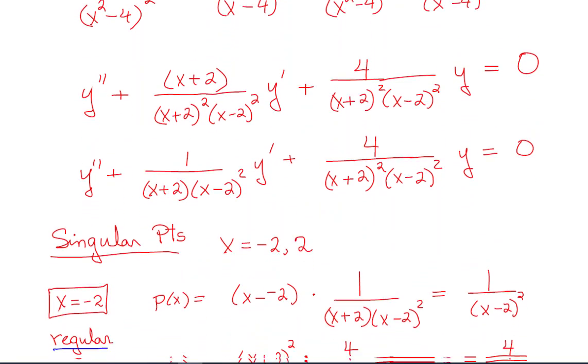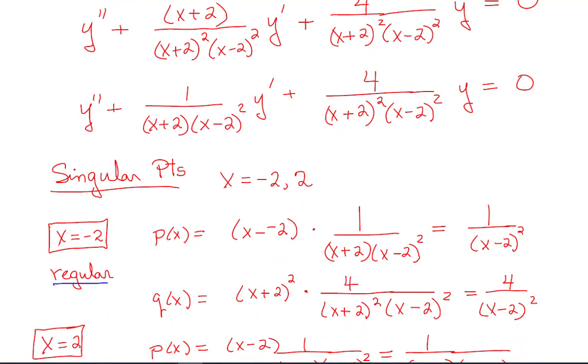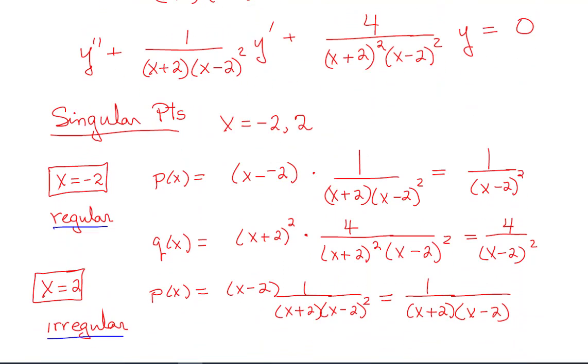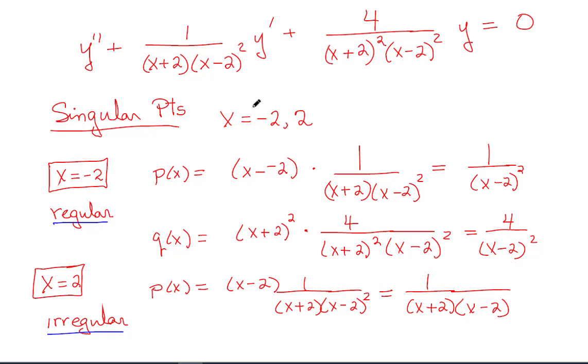So looking at where p and q are undefined, I get singular points at x equals minus 2 and x equals plus 2. So we've got the singular points. Are they now regular or irregular? All right, well, let's see. If I probe with my small p and q, I'm going to use x equals minus 2.